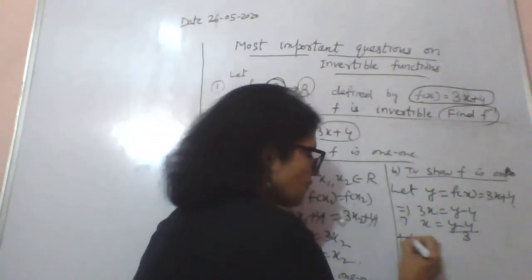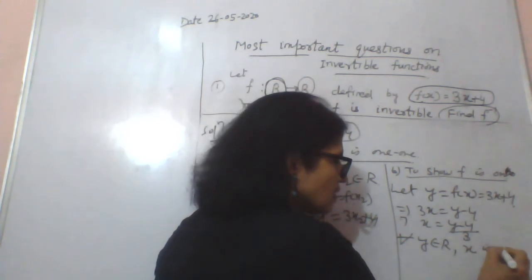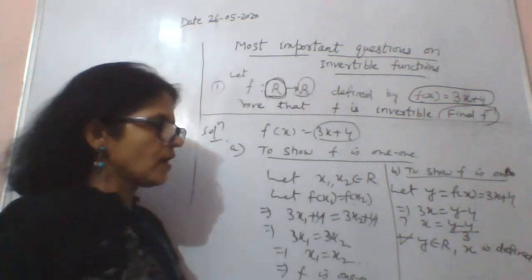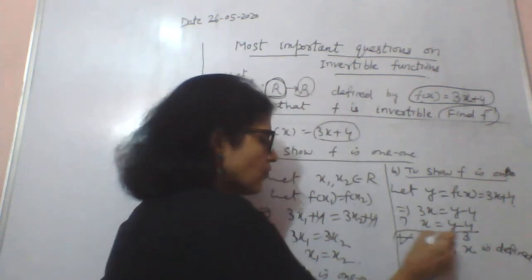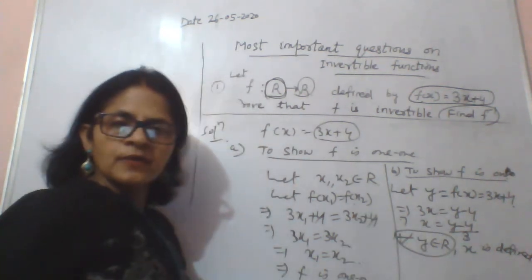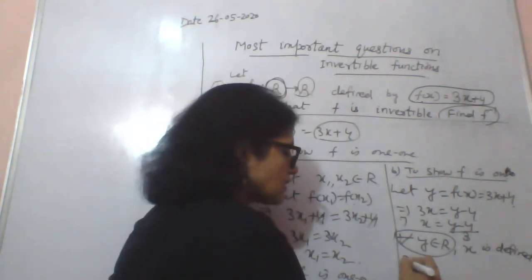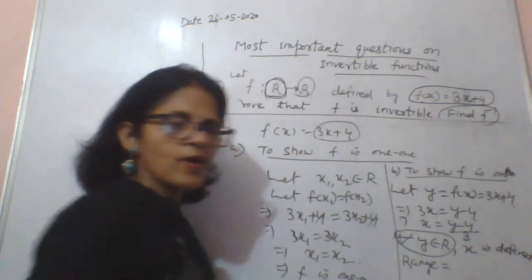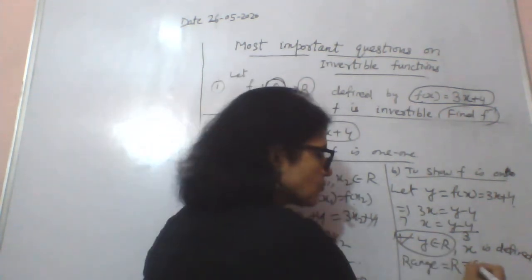Here you can say for all y belonging to R, x is defined, x is a real number. Whenever we say for all y belongs to R, it means y ranges over the set of all real numbers. So the range of the function, taken as the set of all y, is equal to the set of real numbers, which is also equal to the codomain of the function.